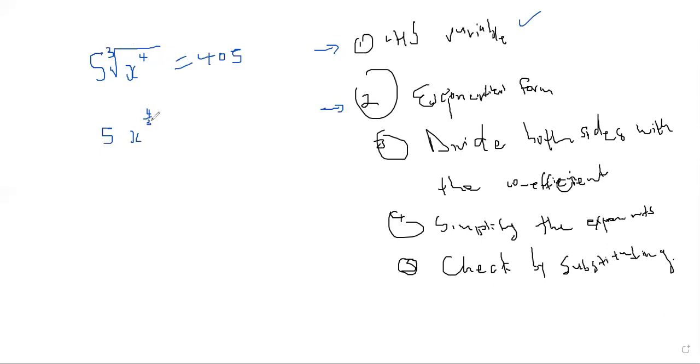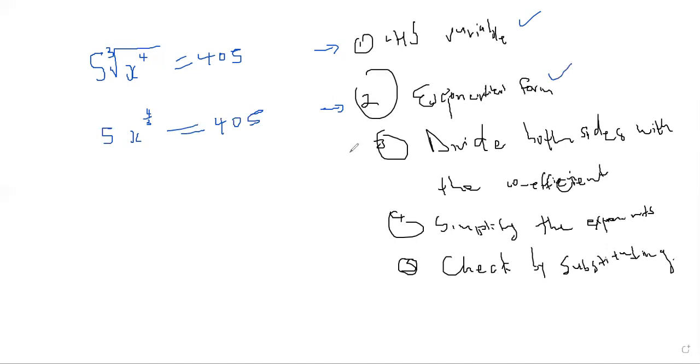It's always like that. So it's 4 over 3, and this is equal to 405. So we've written it in exponential form.